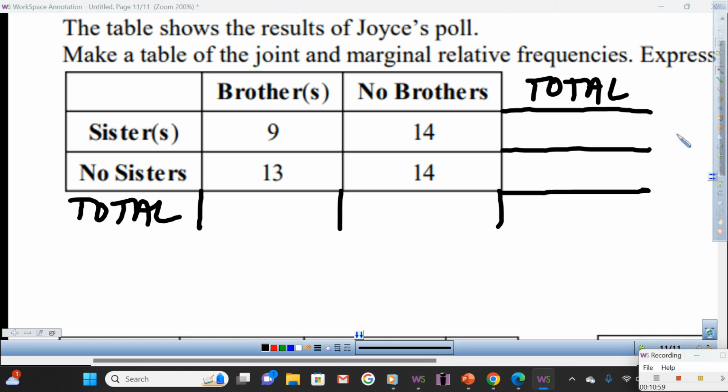All right, so let's start. Let's start with the column of brothers. 9 plus 13, that's 22. Column of no brothers. 14 and 14, that's 28.